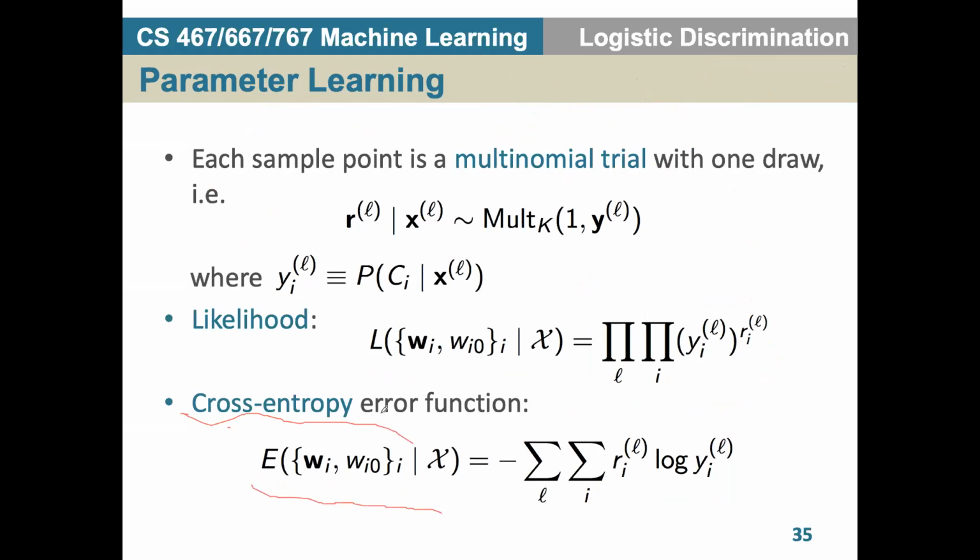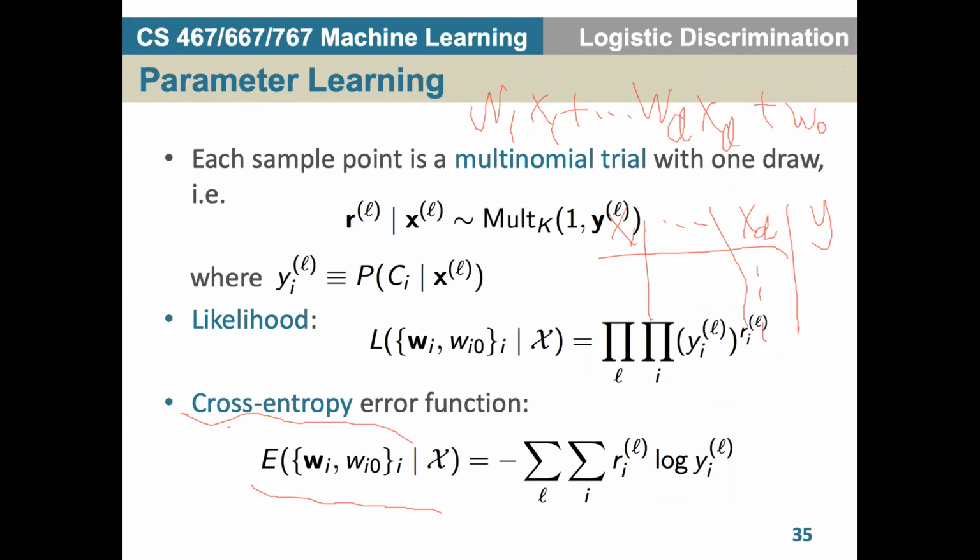So basically, your function is now a linear function, something like w1 x1 plus ... plus wd xd, plus w0. Your table is something like x1 to xd, and you have a class y, class c. This is a table of numerical values.